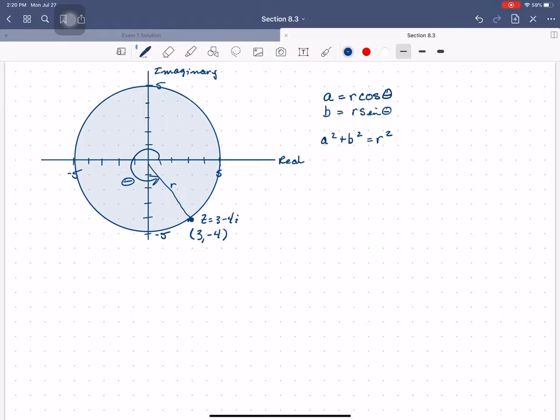So we can write a complex number, z equals a plus bi, as r cosine theta plus i r sine theta, where a squared plus b squared equals r squared, and cosine theta equals a over r, and sine theta equals b over r.